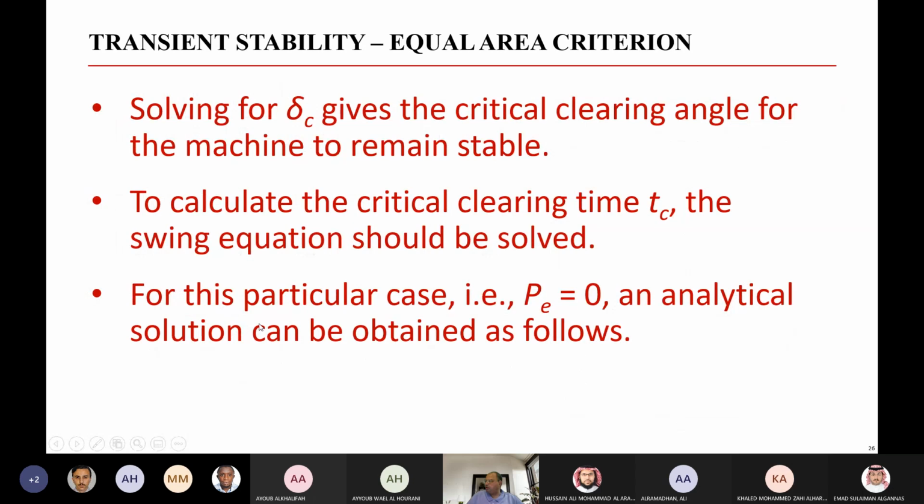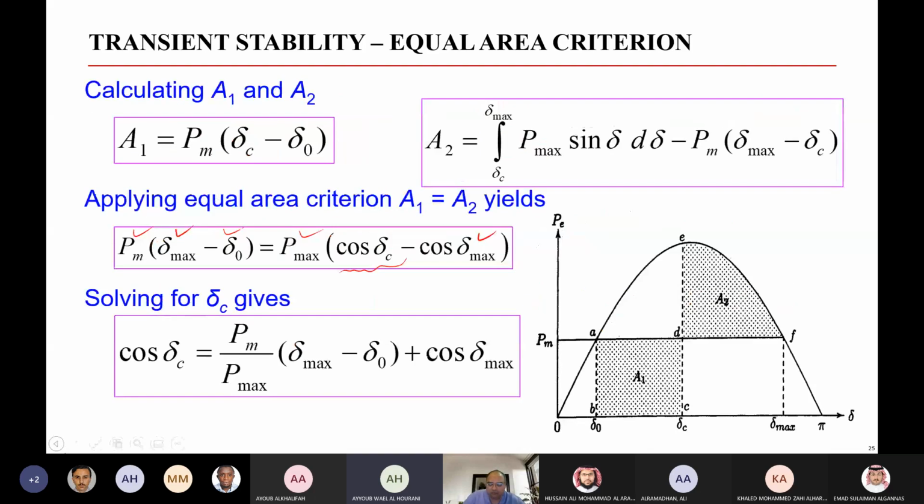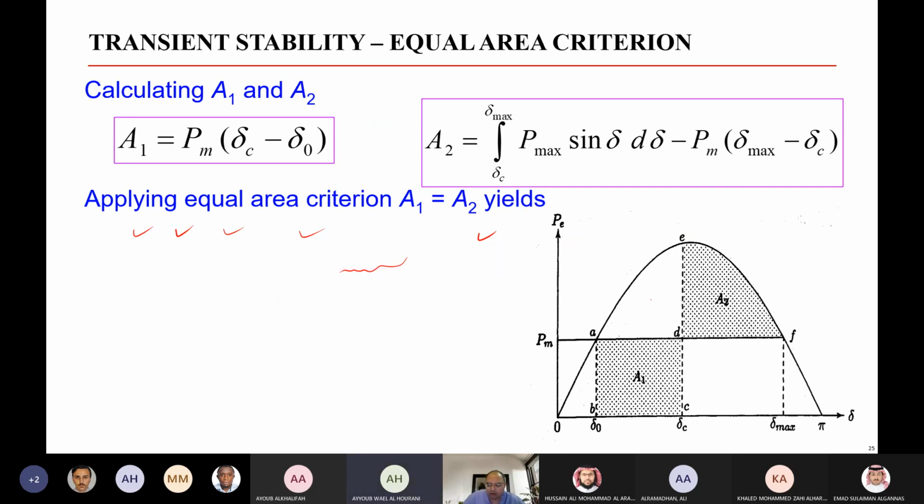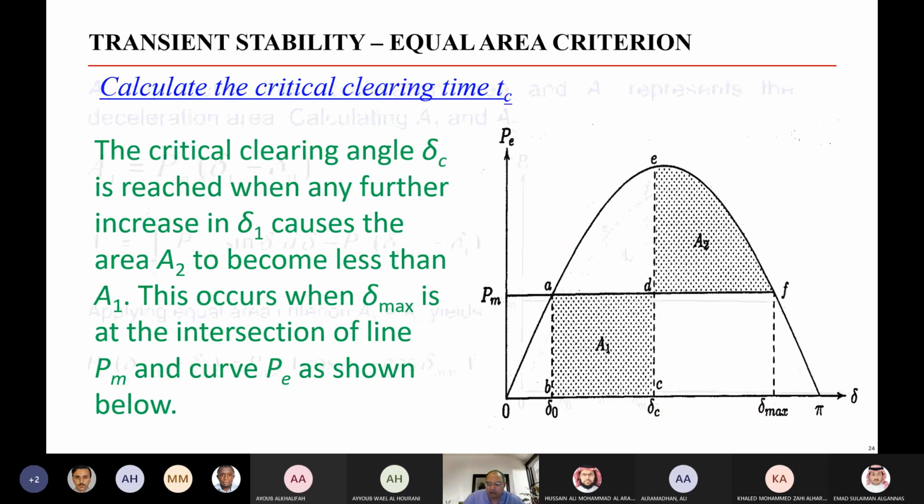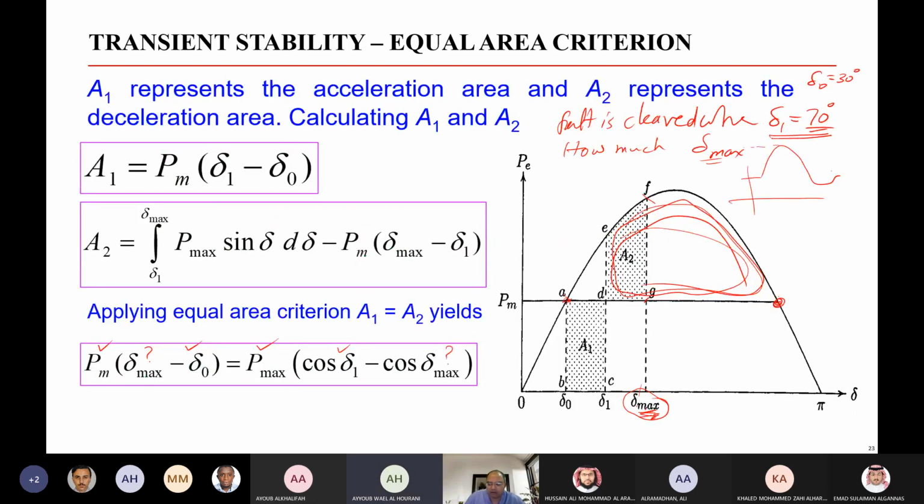Is it clear, Ayub, Hussein? Yes, Doctor, clear. But the small part on the left, Doctor, we didn't consider it as deceleration also, but it is. This one? No, in the slide before. Yes, the ADE. This is also deceleration. Yes, this is also deceleration, but initially we are working here, right?